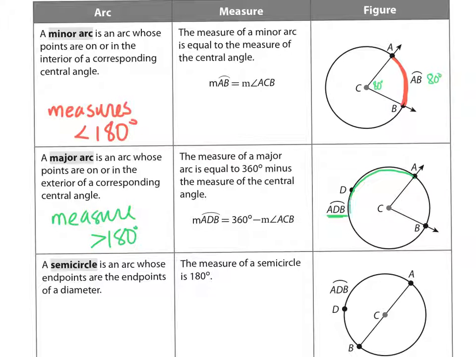That means I need to go from A to D to B. All right, we can't just say AB, or that doesn't tell me to go that direction. And then a semicircle is an arc. The measure is going to equal 180 degrees. And you still need to use three letters so that we talk about which half of the circle we're going to be indicating. But a semicircle is exactly what you think it is. It's half of the circle's arc.